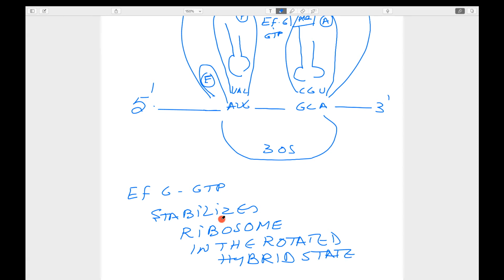So when EFG GTP binds, it contacts the factor binding site.